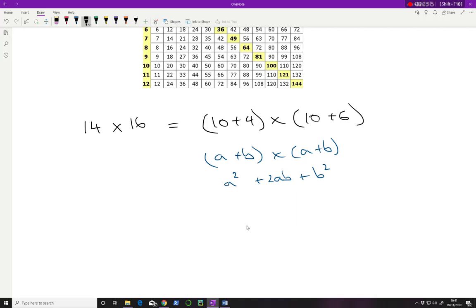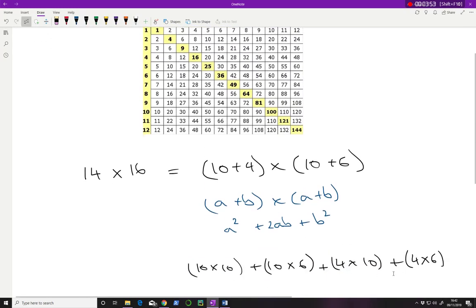So let's multiply out these brackets. So it's going to be 10 times 10 plus 10 times 6, and then we have 4 times 10 plus 4 times 6. Okay, and all we have to do is just do our times tables.